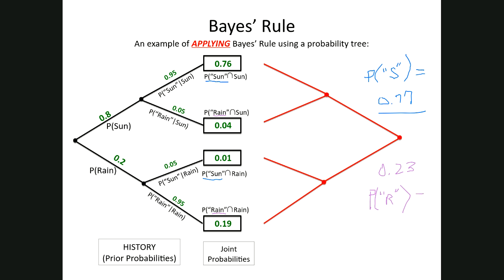And so now we're ready to begin to calculate. So the answer to our first question is, what's here? It's this. This is the answer to part A, that the chance of a forecast of sunshine is 77%.